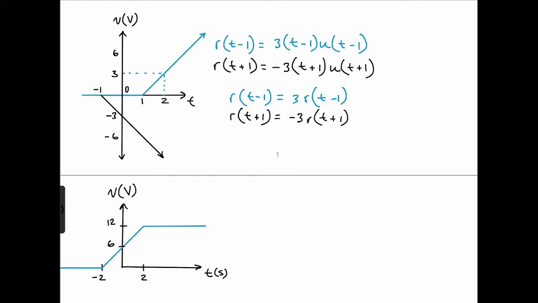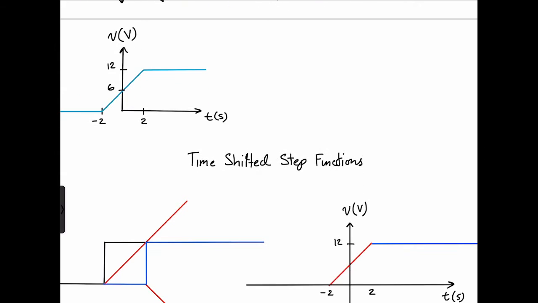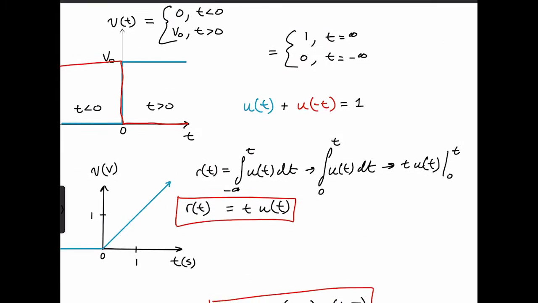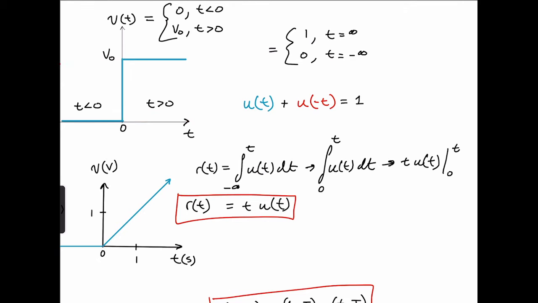We can then go ahead and talk about our realistic unit step function. If we look at our ideal unit step function, we see that the change from 0 to v0 happens in 0 seconds. Well, in real life, that change has to take some time.